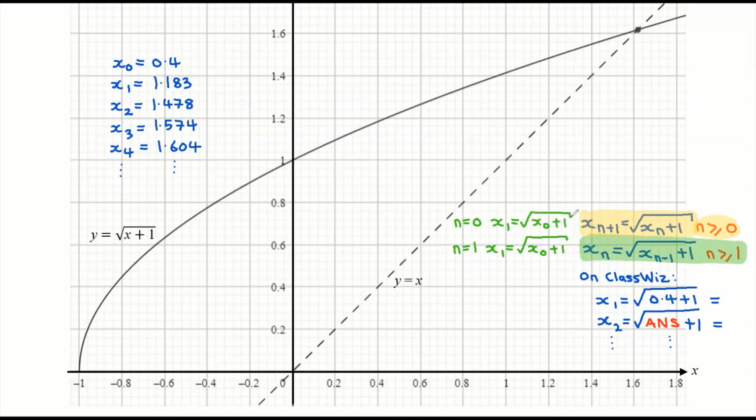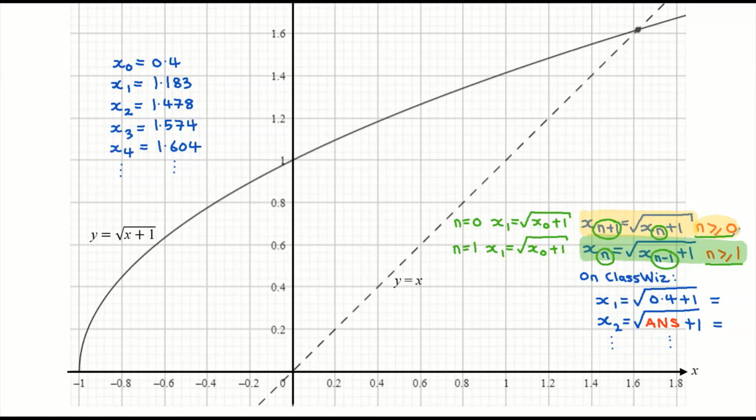It doesn't matter which one you choose. You could either use this one with n and n subtract 1, but you'd have to use n is greater than or equal to 1, or you could use n plus 1, n, and then you can use n is greater than or equal to 0. As long as you're consistent, it doesn't really matter. On the ClassWiz as well, I've just made a note of this.